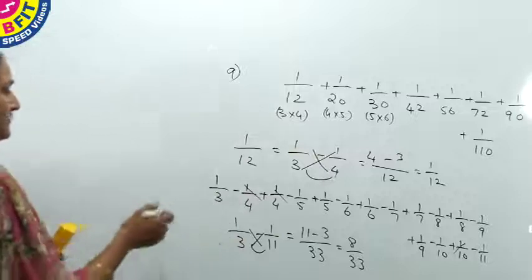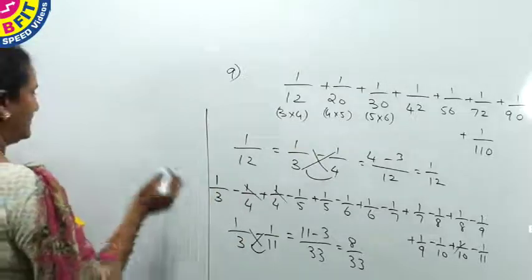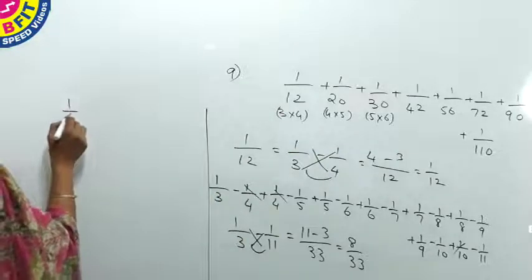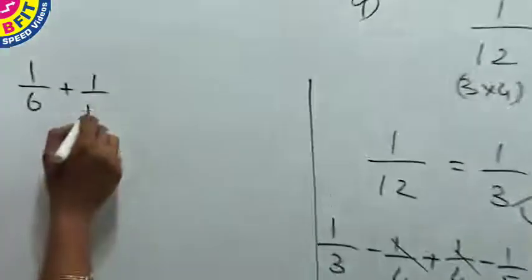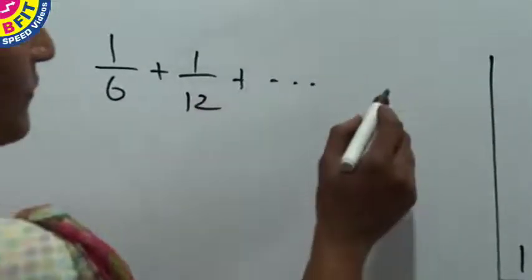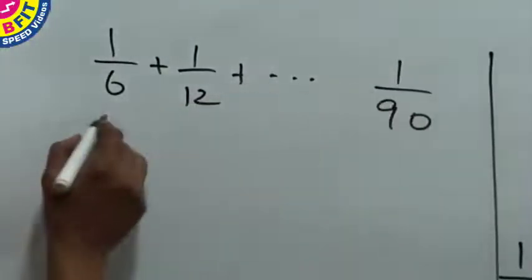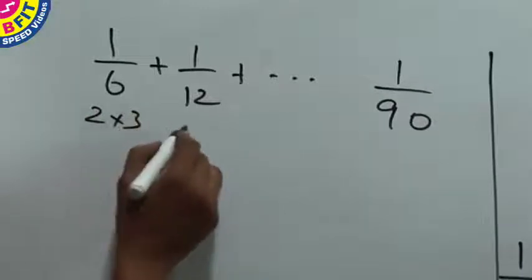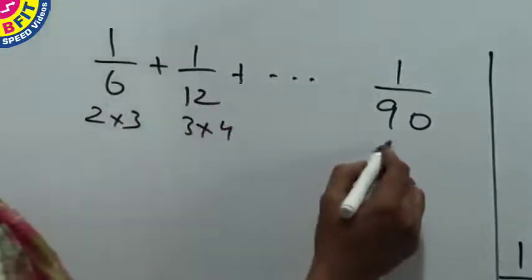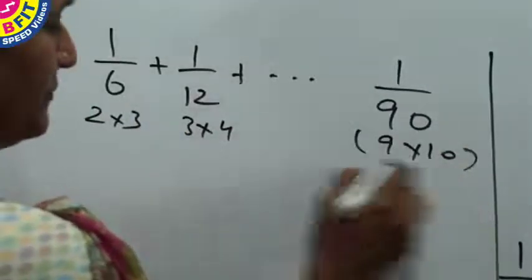Suppose we get this type of question, where the first fraction is 1 by 6, then 1 by 12, up to 1 by 90. Here it follows the same pattern: 2 into 3, then 3 into 4, and the final one is 9 into 10.